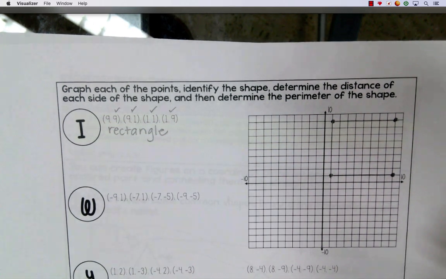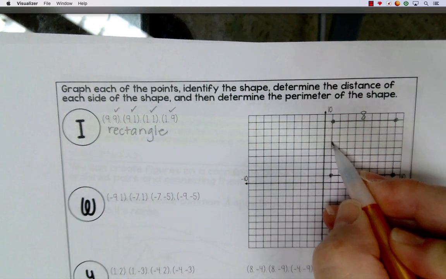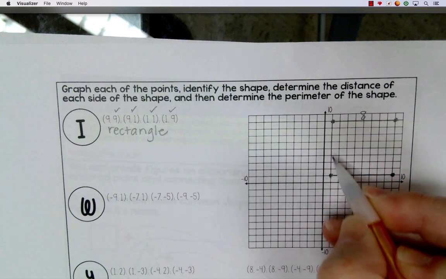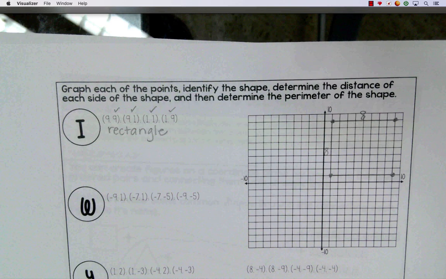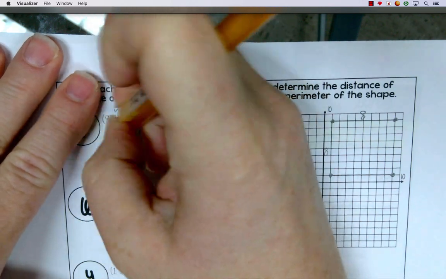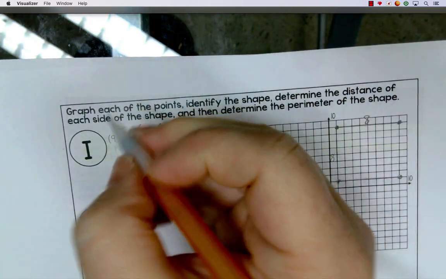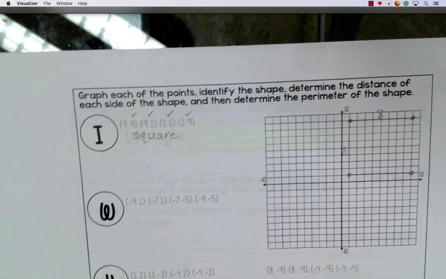So we're going to say 8 right here. And then 1, 2, 3, 4, 5, 6, 7, 8 right here. So each side is 8 and 8. It's actually a square. It could also be a rectangle, but we're going to be real specific, and we're going to call that a square.